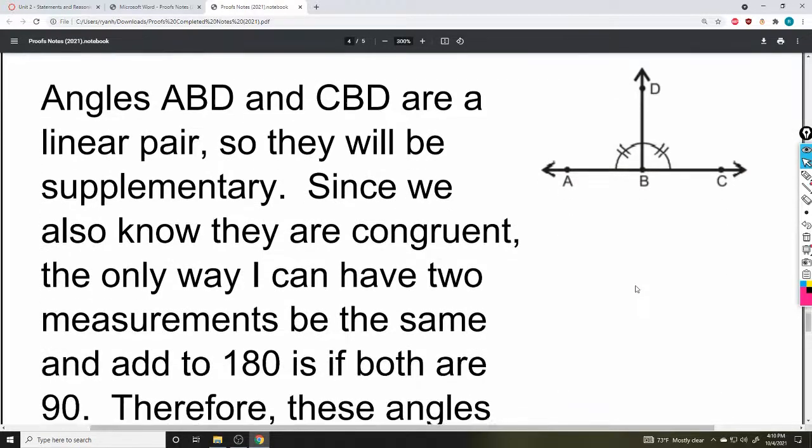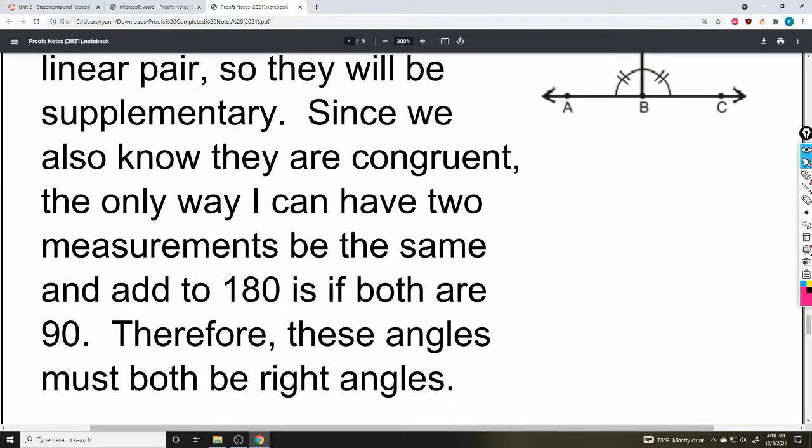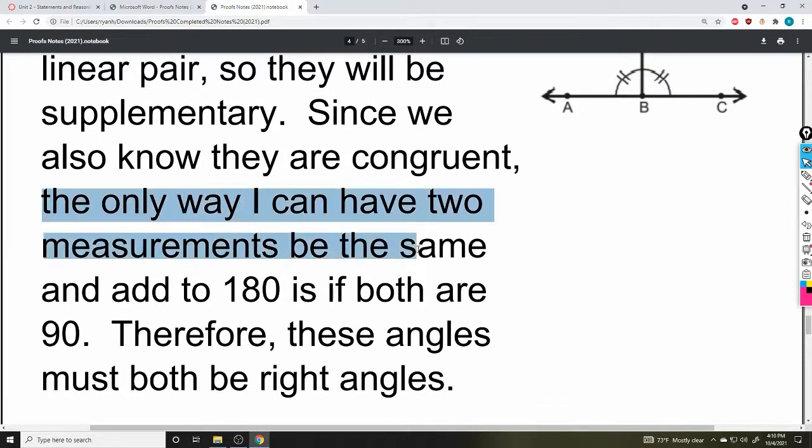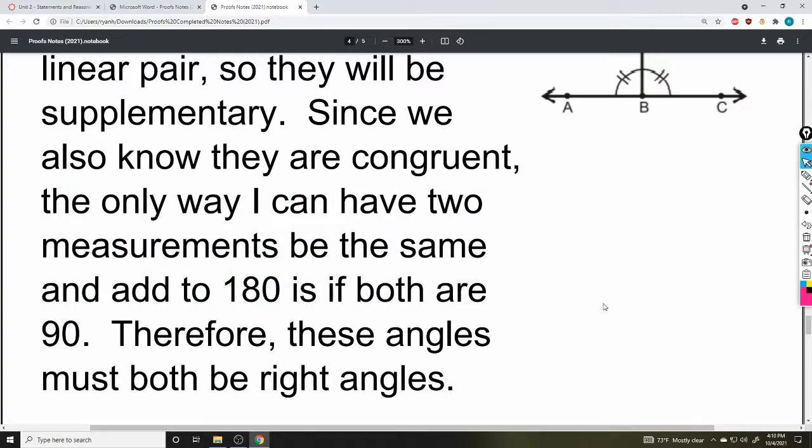So my only choice, if I want that to happen, the only way I can have two measurements be the same and add to 180 is if both are 90. That's the only way that can happen. So now I've explained why they both have to be 90. Therefore, these angles must both be right angles. So that's it explained out in words.